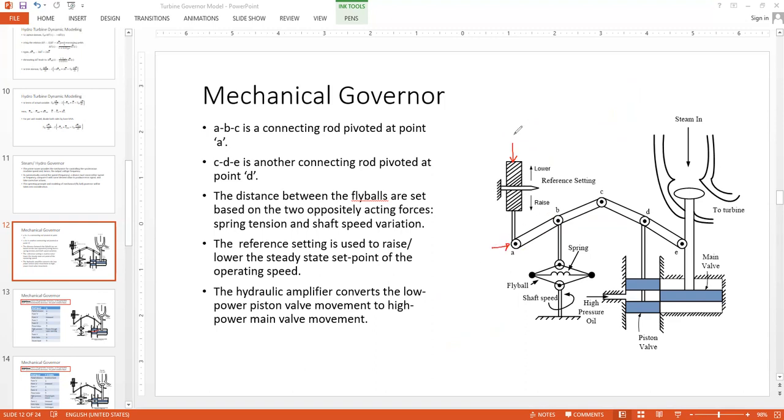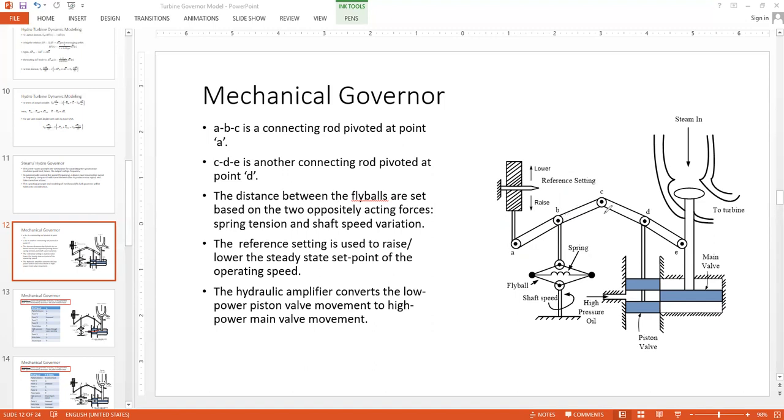If I do not pull it up or push it down, then the position of A is not going to change. The position of A is only going to change once I touch this set point. So these are some of the comments associated with the arm ABC.